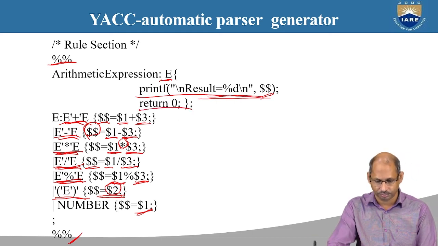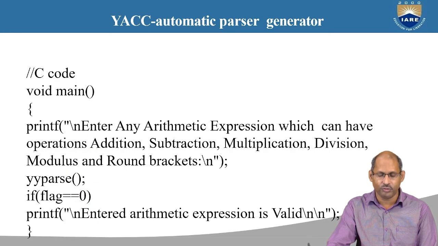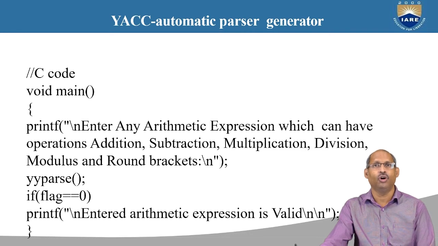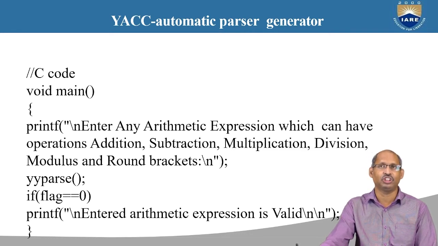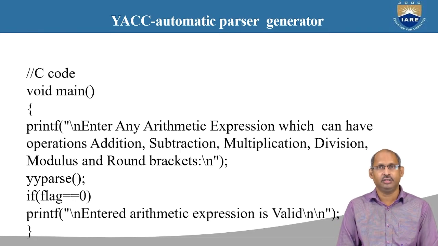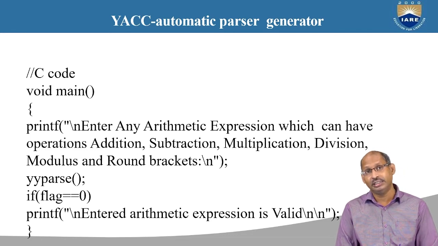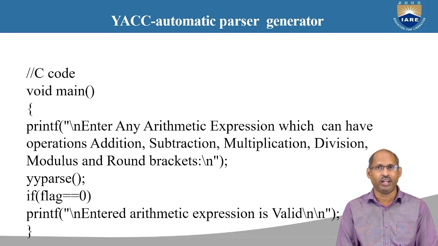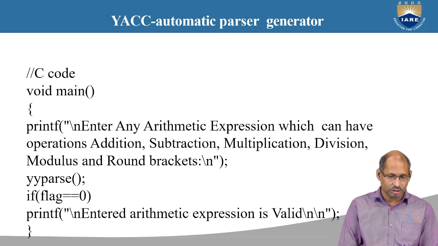Right? Then the third one. This third one will consist of all the user defined functions, whatever is required. So the third section has the functions that we have used in the second section, defined here. User defined functions, so C code.